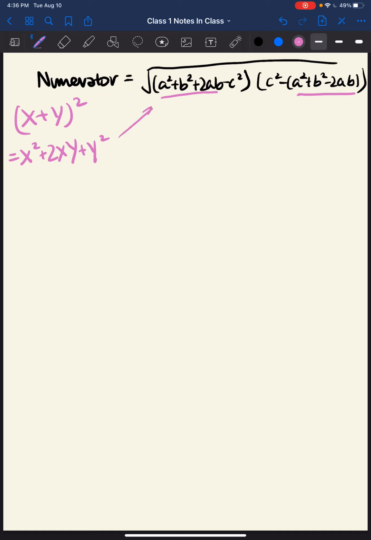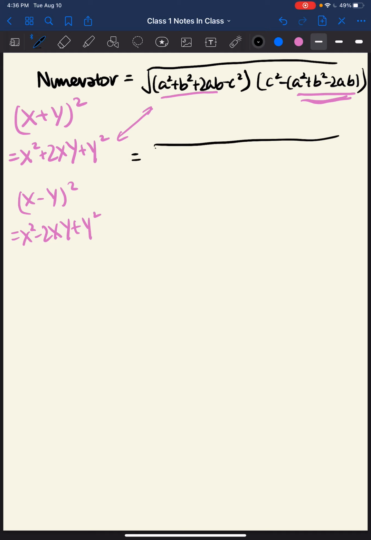These two formats are very similar. x minus y squared is x squared minus 2xy plus y squared, so the second one corresponds to this one. So x is a and y should be b. So the numerator could be written as a plus b squared minus c squared times c minus a minus b squared.